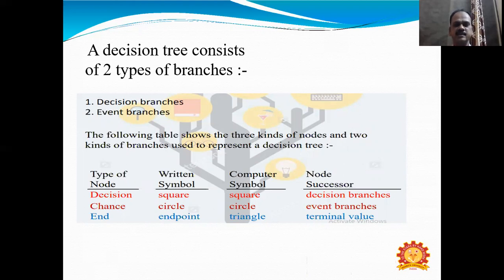So based on the condition, we have to choose the attribute. Here are given three different types of attribute: type of node, written simple, computer simple, and node successor. So decision, chance, end. So square, circle, endpoint. So already I told about where we should use the square and where we should use the circle.